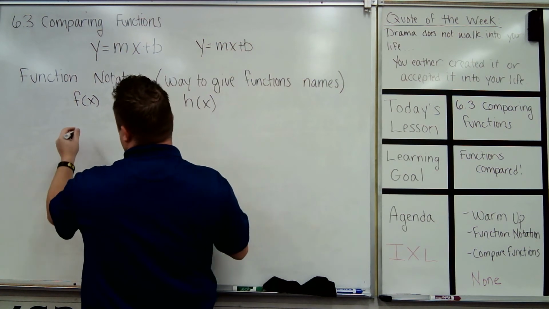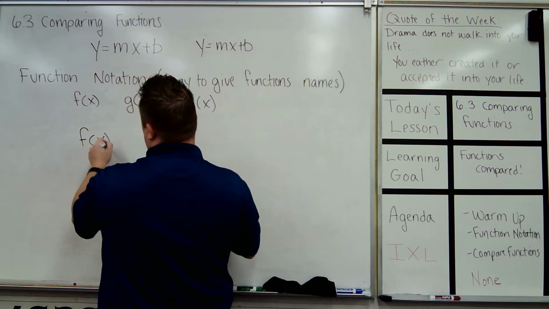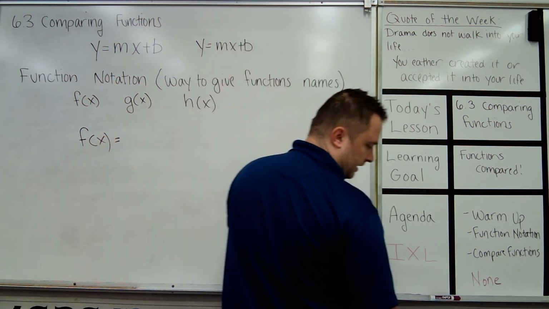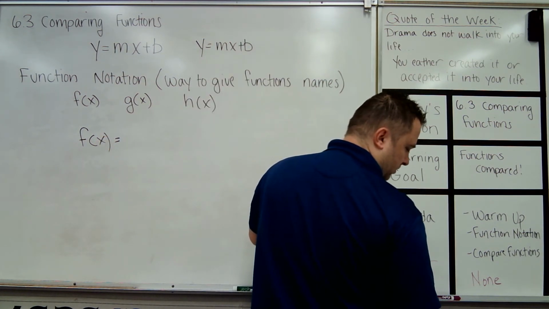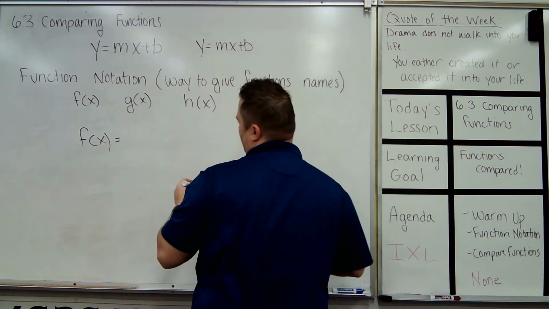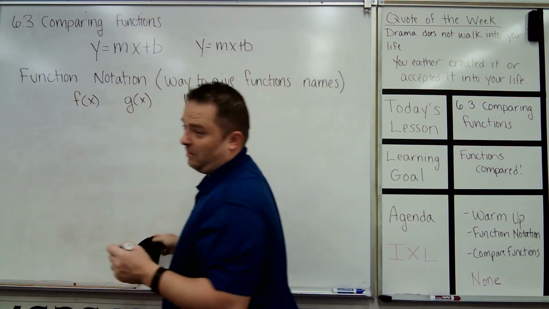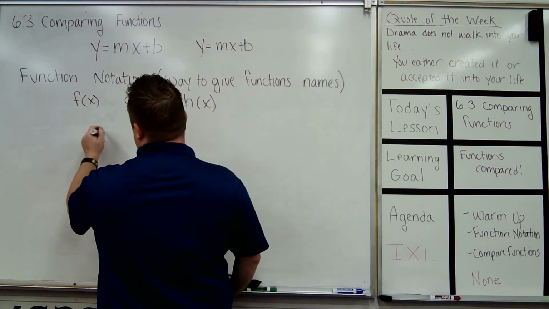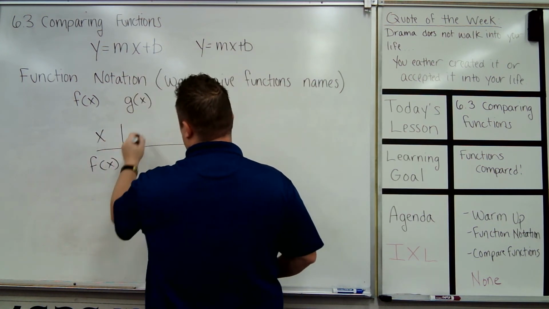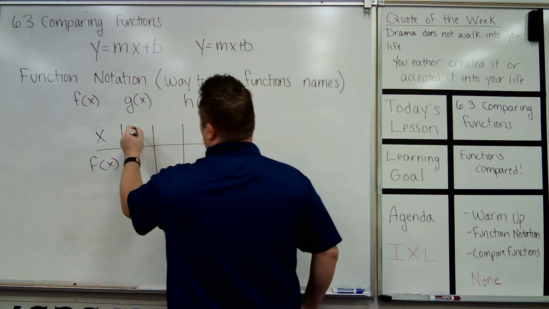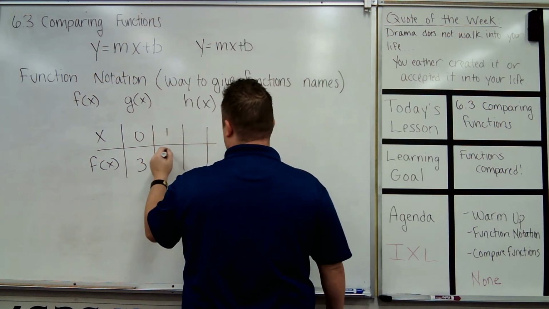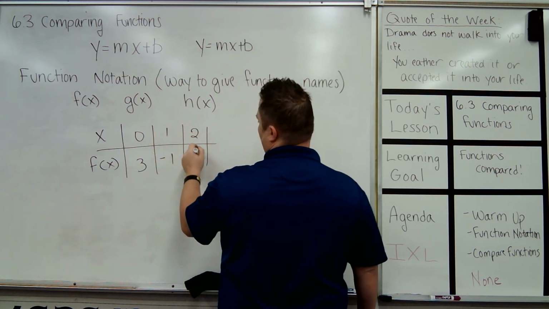Suppose we have a function, f of x, and it's a table. Sorry, I have to take my notes. x and f of x: (0, 3), (1, -1), and (2, 1).